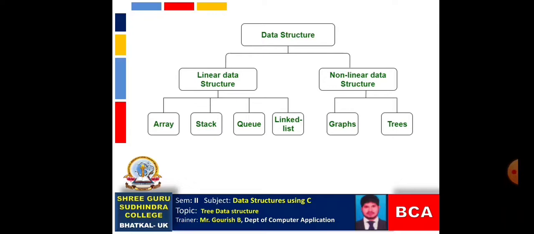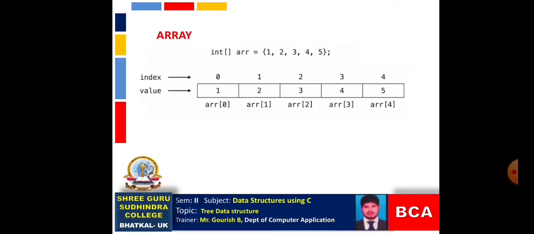Fine. See, what is a linear data structure? Linear means sequential. So a linear data structure is one in which data items are arranged sequentially, one after another. For example, the first one is the array data structure. You can see here the logical representation of an array, with index as well as values. An array is a collection of similar types of data and it is continuous.